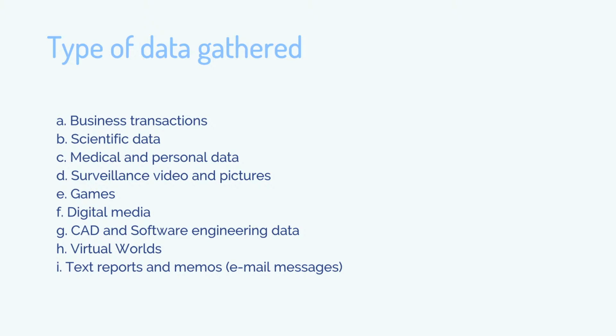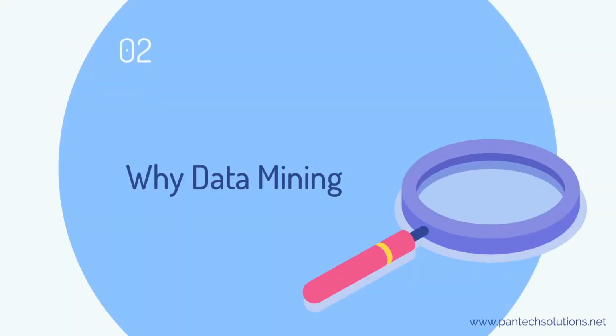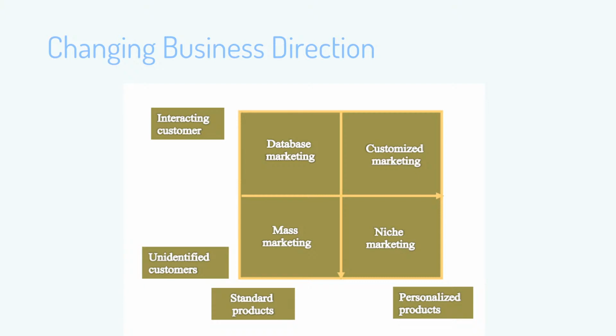These are the areas from which we can take data for our data mining process. And why are we using data mining? In the presentation you will come to know. For example, we have interactive customers and unidentified customers, standard products and personalized products.